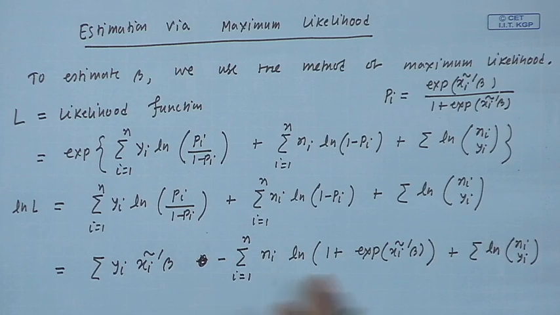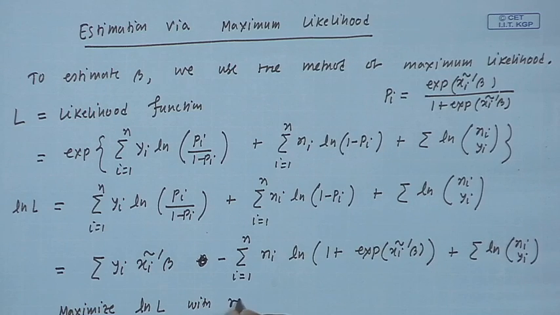So, we have the log likelihood function in terms of beta now. So, how do we estimate beta? You maximize the log likelihood l_n with respect to beta. Here this beta is a vector, and it has p components, beta 1, beta 2, up to beta p.